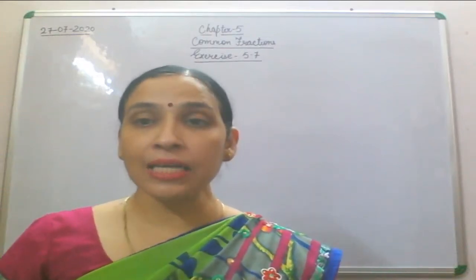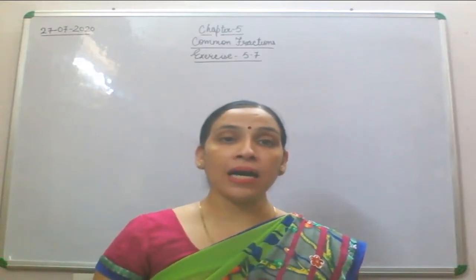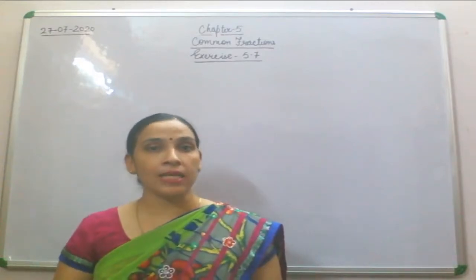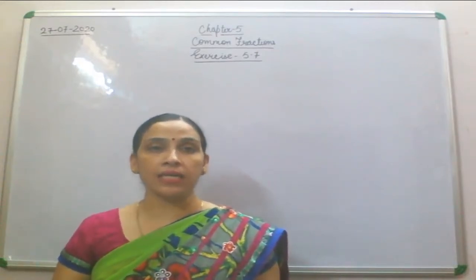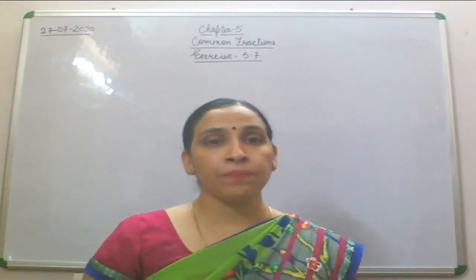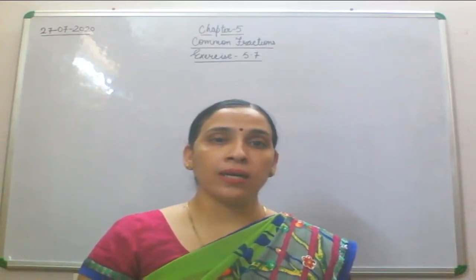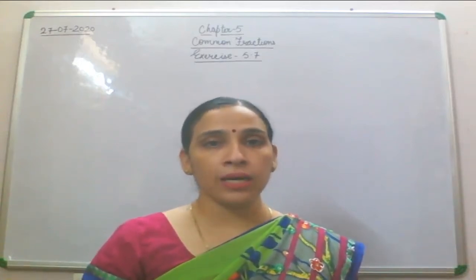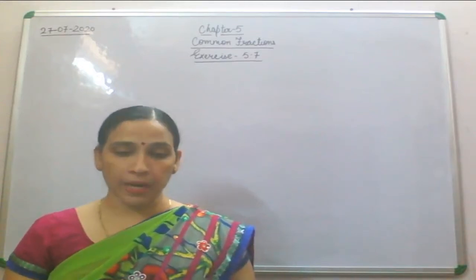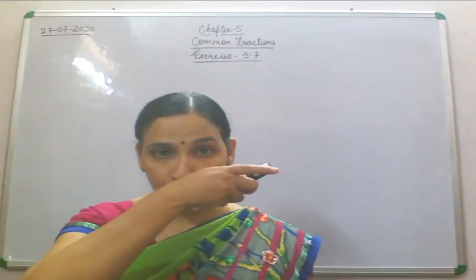So children, as you all are aware, we have started our chapter 5 and in that we were doing basic mathematical operations, and yesterday we started with our fourth basic mathematical operation, that is division of a fraction by a whole number and division of a fraction by a natural number, or we can say with another fraction also.